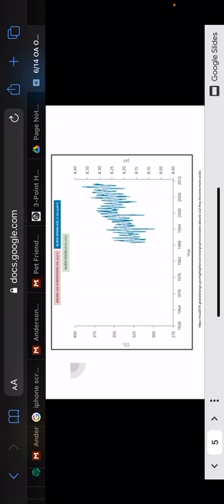The next graph you were asked to interpret looked like this. This blue graph has a similar increasing trend, except this is measuring dissolved carbon dioxide in oceanic water. So again, it would be in parts per million. You look at the axis, and over time you can see that the dissolved carbon dioxide has increased.